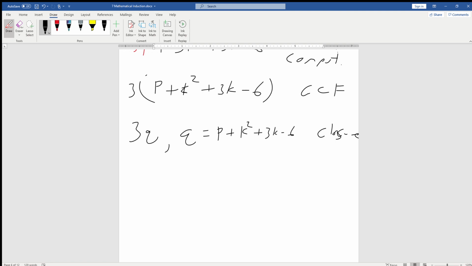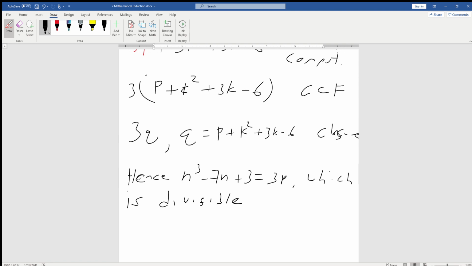All right, so we can say, hence, n cubed minus 7n plus 3 is equal to 3p, which is divisible by 3, by definition of divisibility.